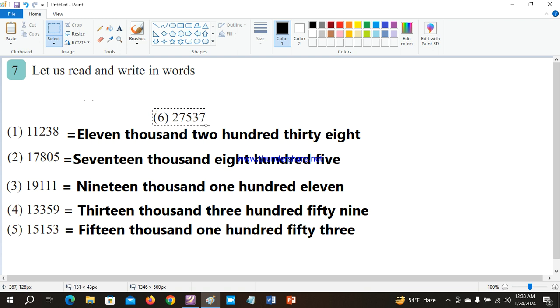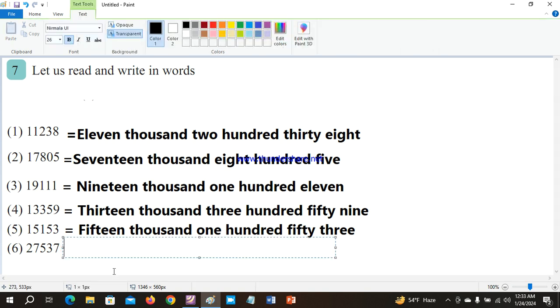And now problem number 6. 7 is ones, 3 is in tens, 5 is in hundreds, 7 is in thousands, and 2 is in ten-thousands.